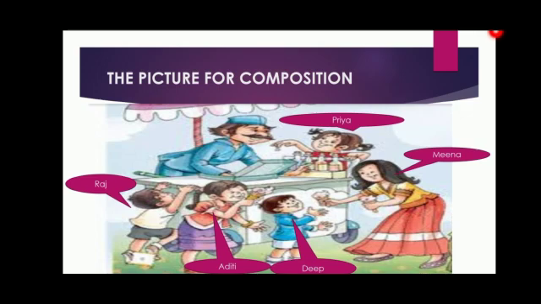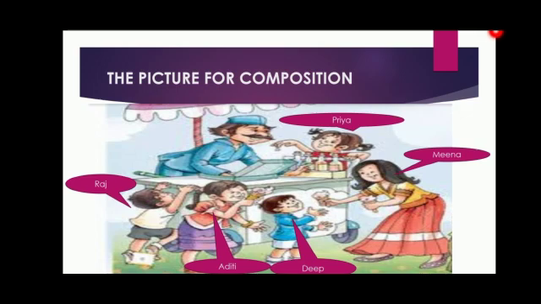Now whenever you see an ice cream seller, there will be people around. So how many people are there around the ice cream seller? There are 5 children standing near the ice cream seller.